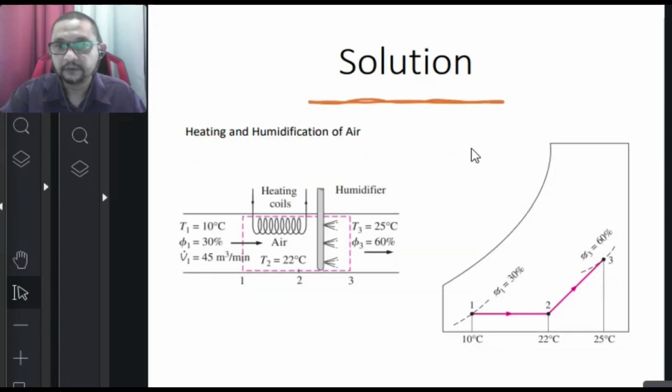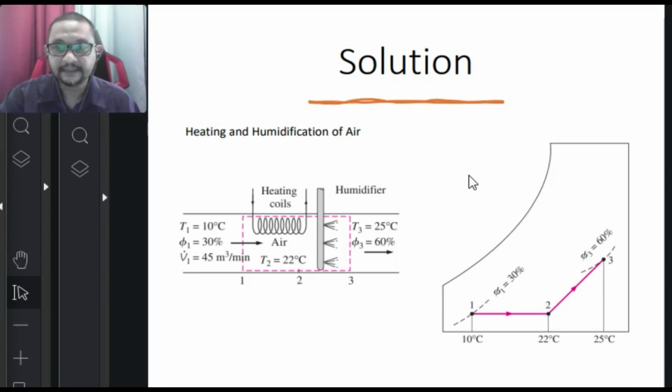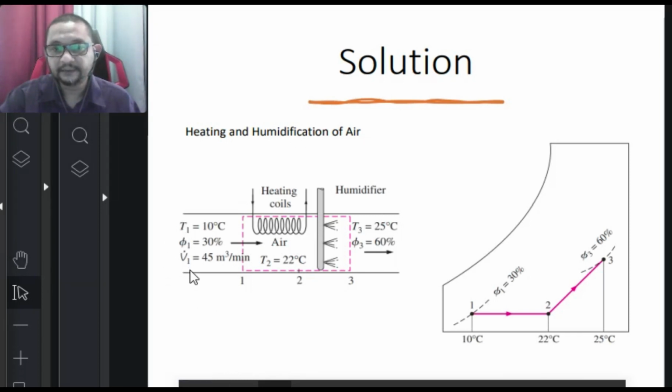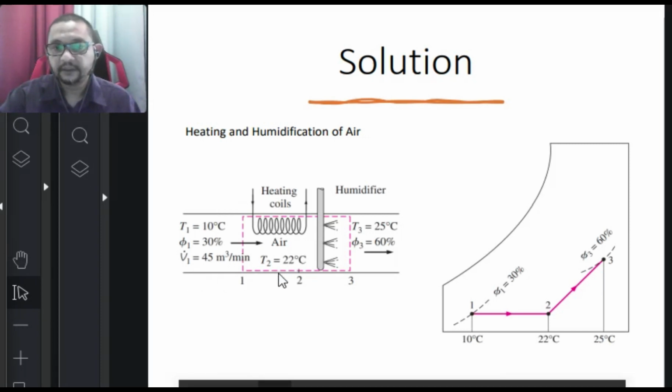So this is a diagram of the example question. T1, φ1 have been given, and then air at T2 also has been given.